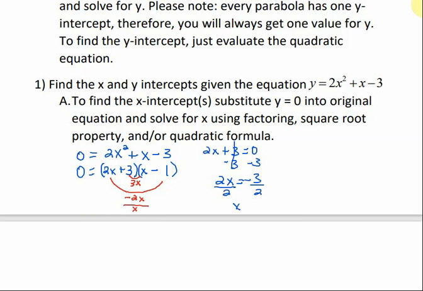So I get x equals negative 3 over 2, or we could say negative 1 and a half. All right, and then for my x minus 1 equals 0, all I do is add 1 to both sides, and I get x equals 1. So these would be my two x-intercepts.